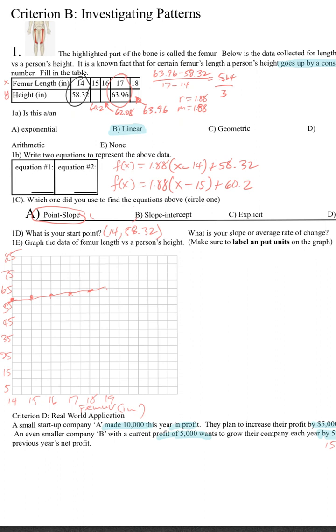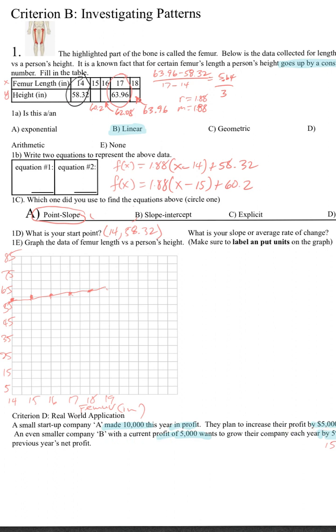All right, for this next question, so we have two companies, Company A and Company B, small company, startup company, so made 10,000, and current profit's 10,000. Ignore the year here, and the company, they want to increase their profit by 5,000 each year.